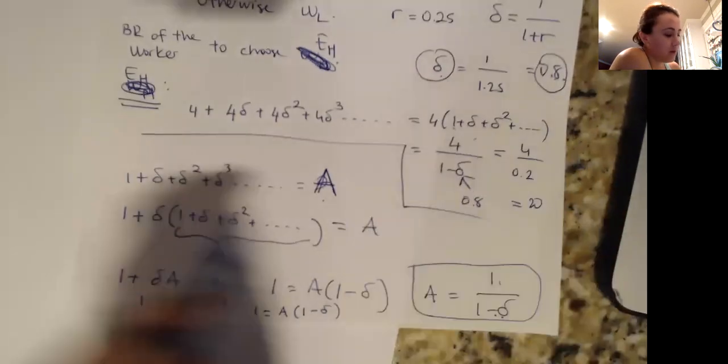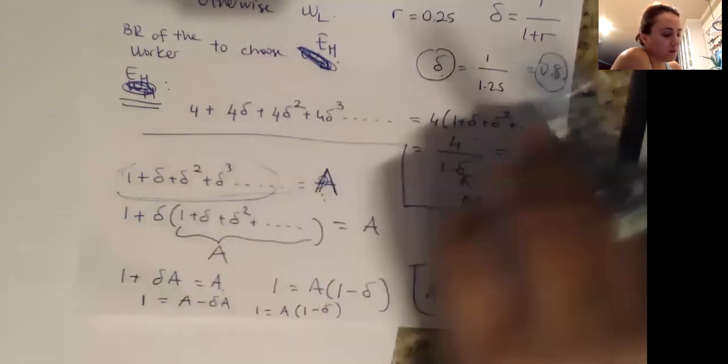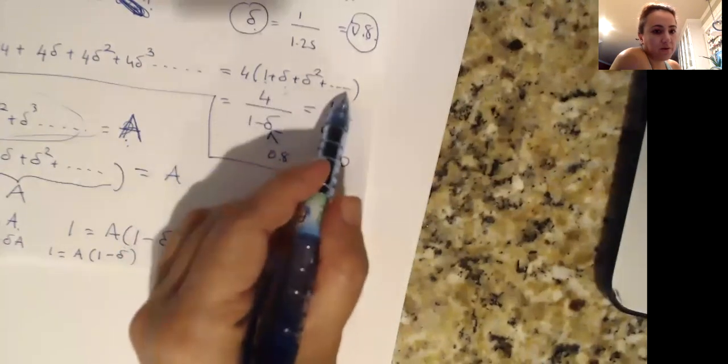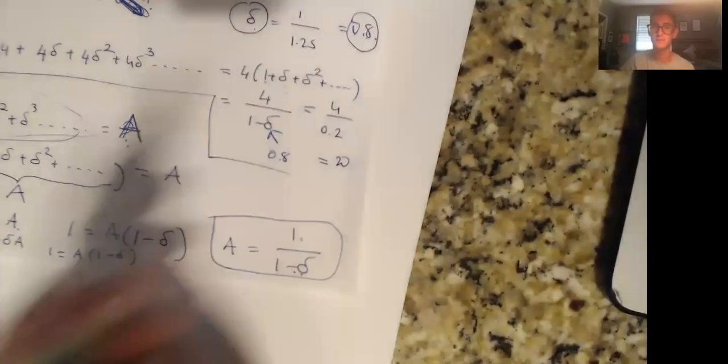Now, what was A? A was the infinite sum of these deltas. So now I can go back and substitute it into my payoff function. Okay?